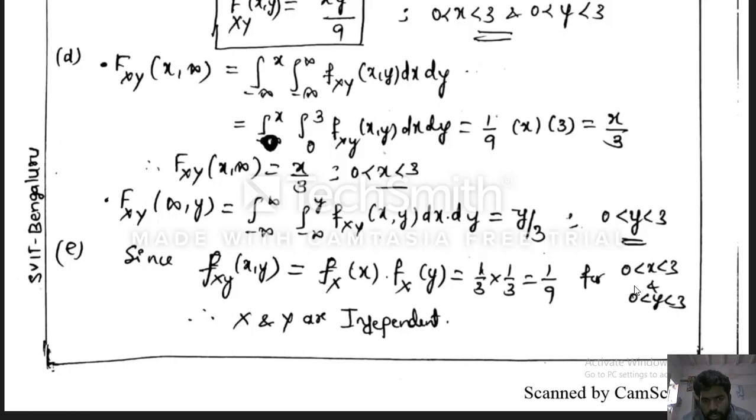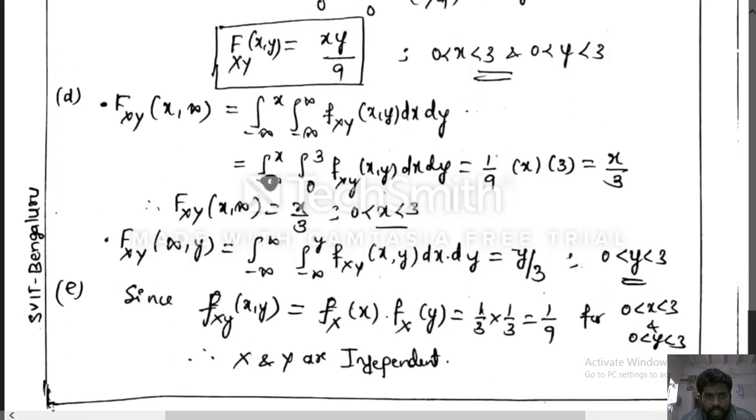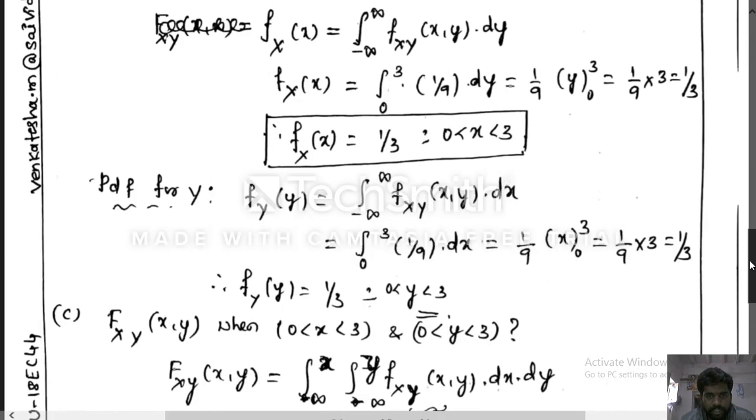We know that from the given data the joint PDF is 1 by 9 for the values of x and y between 0 to 3. We already found f_X of x and f_Y of y. The value of f_X of x is 1 divided by 3, and the value of f_Y of y is also 1 divided by 3 between the limit 0 to 3.